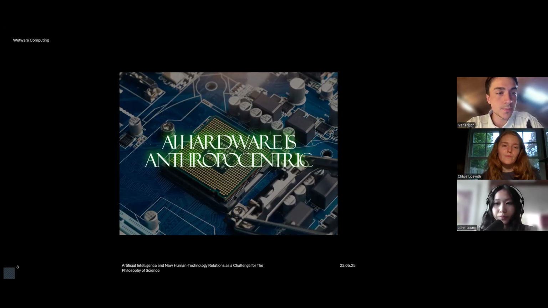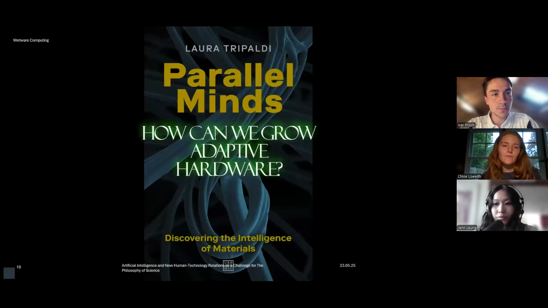Then the question arises, how can we grow adaptive hardware which can enable models which can adapt themselves better and arguably are less anthropocentric?